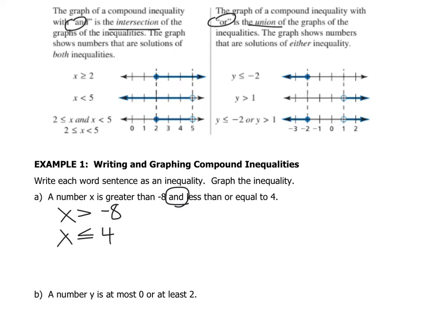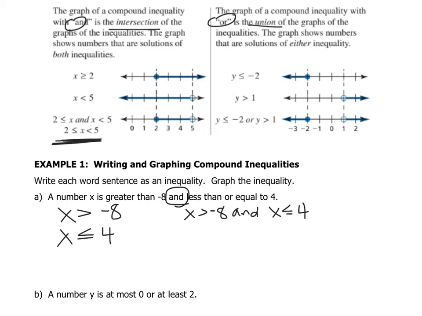You can either just write x is greater than -8 and x is less than or equal to 4, or you can put it in this format where you join them together.